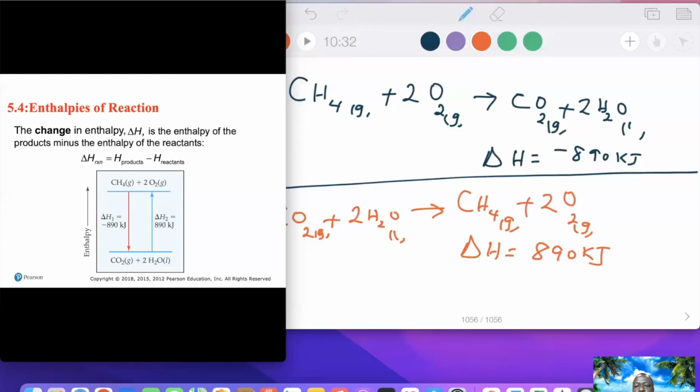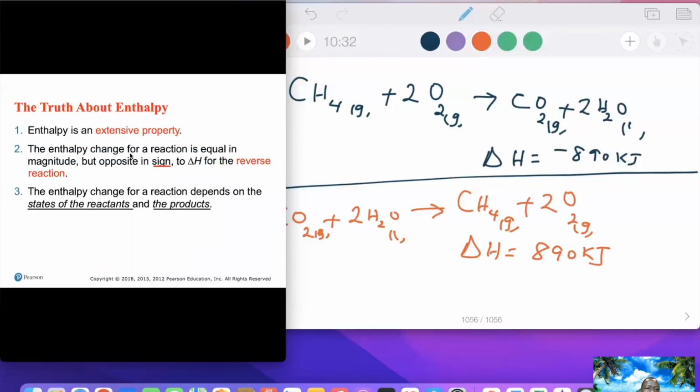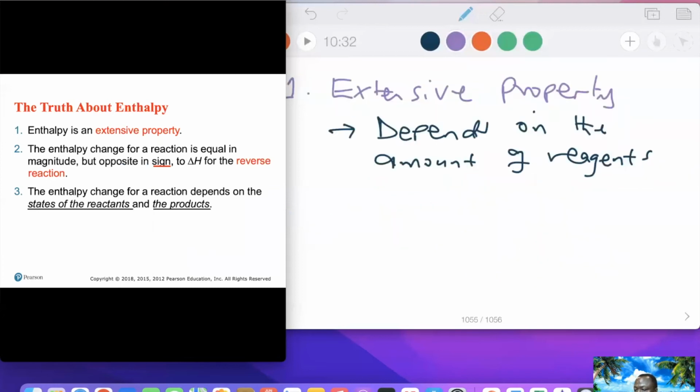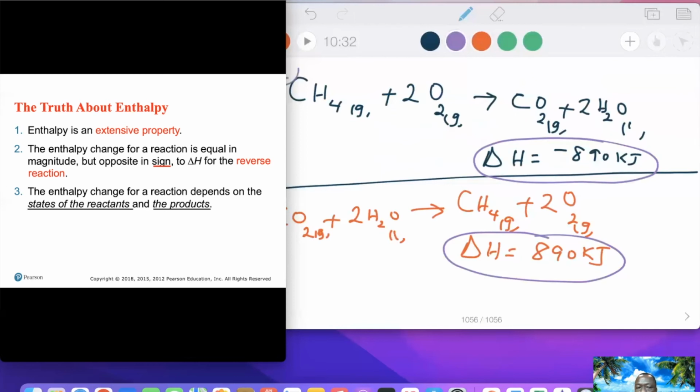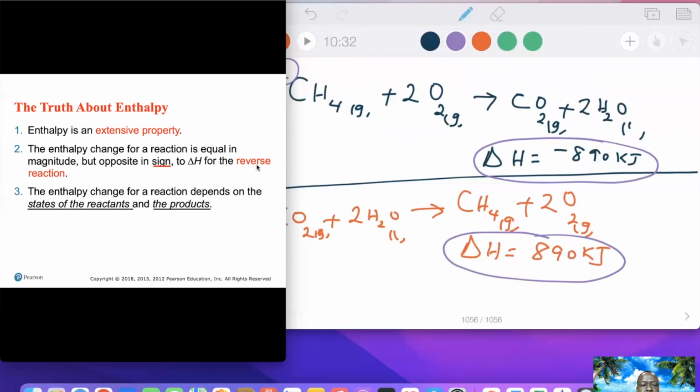So they have opposite signs. If we reverse the equation, the sign changes. Look at what is being referred to here. This concept, the first one, extensive property; reversing, this is the second property. We will use this concept down the line.